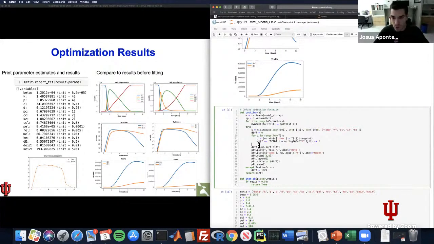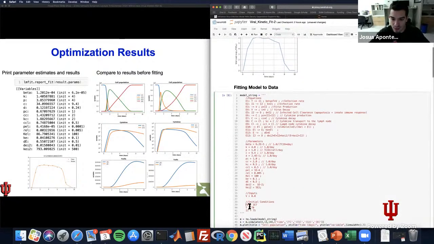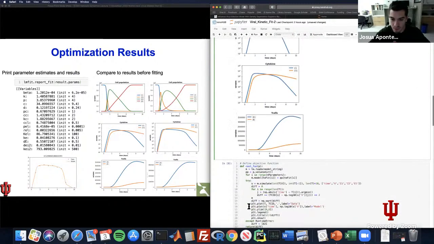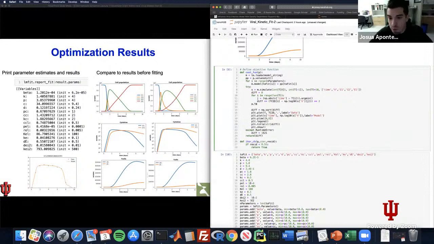But the idea is that we would add, let's say, to our equation. Okay, first, let's start with how many cells I have at the beginning of the simulation. That's called T0. That's the number of cells at the beginning of the simulation. The number of dead cells at the end of the simulation is going to be this one, and I had to include it as a variable that I want to follow in the model.